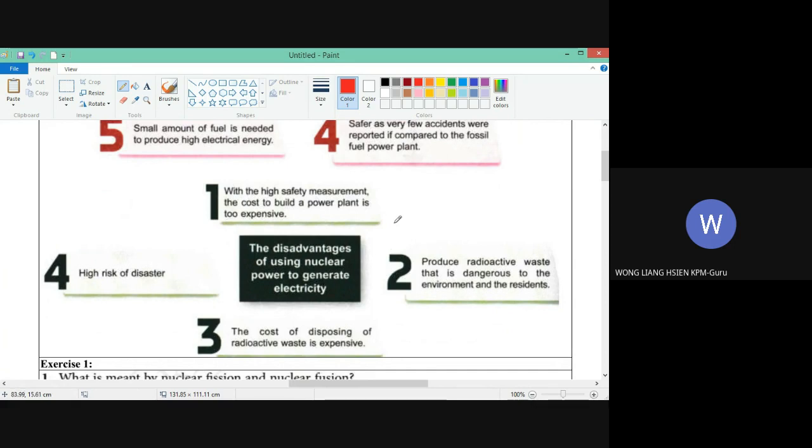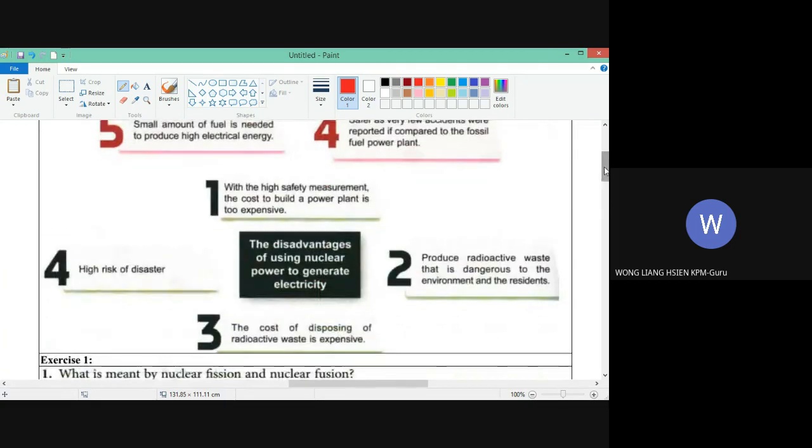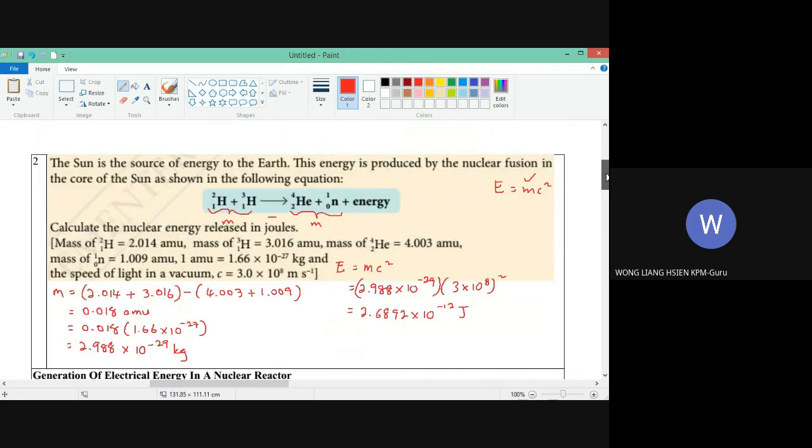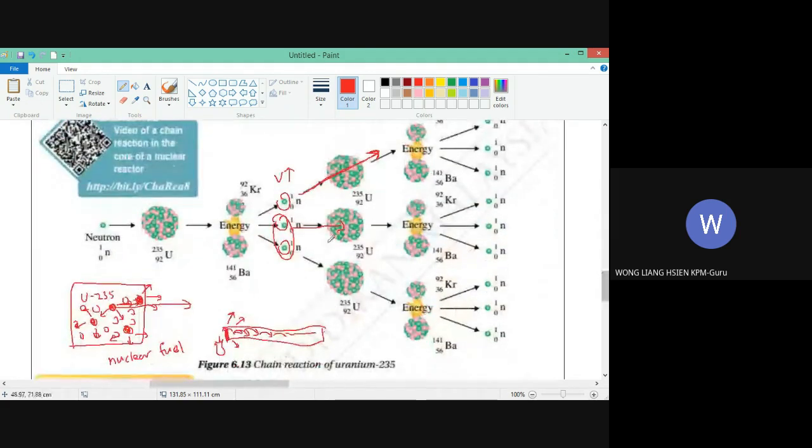Okay, but for your information, don't worry that the nuclear power plant will explode like an atomic bomb. It will never explode like a nuclear bomb or atomic bomb because the uranium fuel that is used actually has a concentration that is not very high. That means the amount of uranium-235 is not very high, so the number of neutrons that can go into other uranium is actually not a lot.